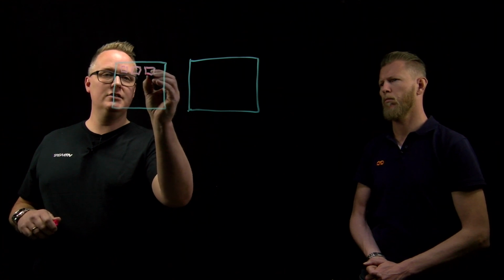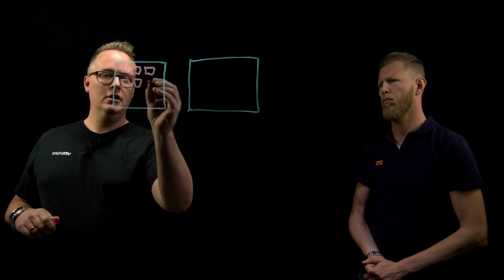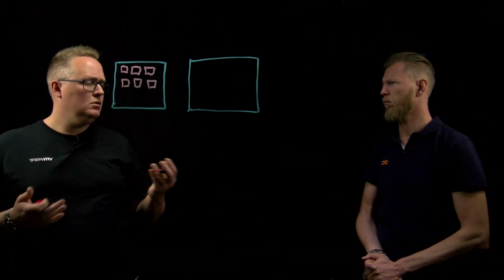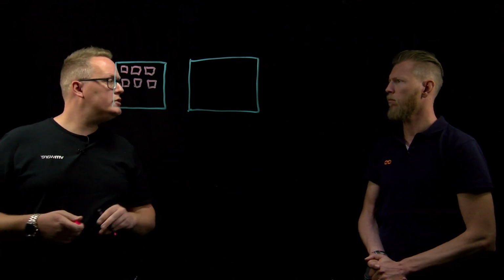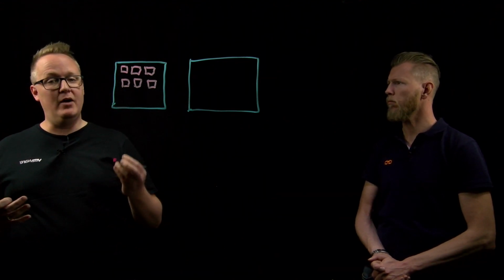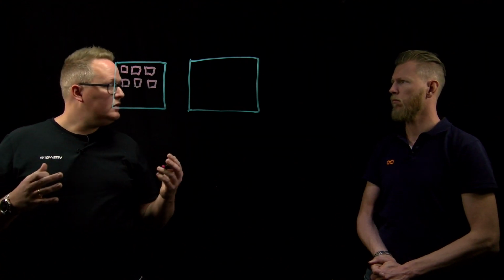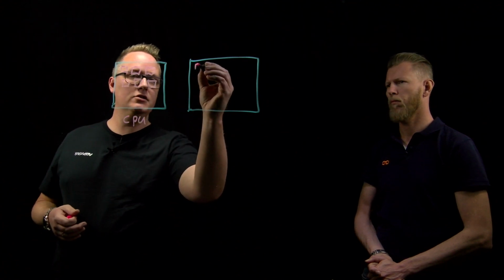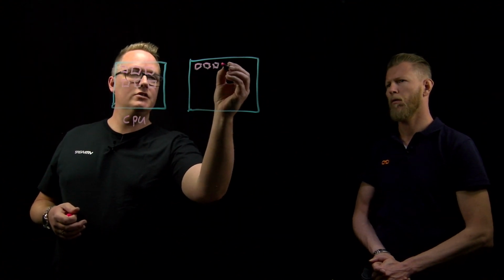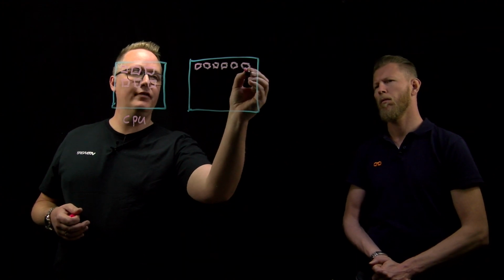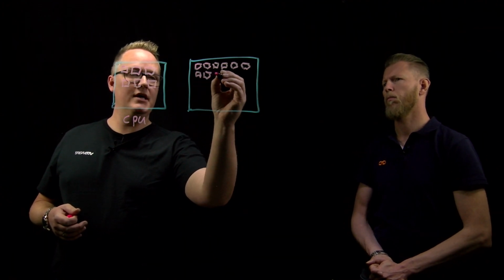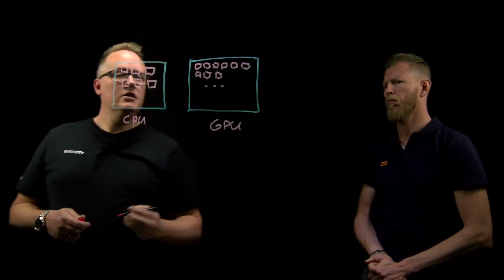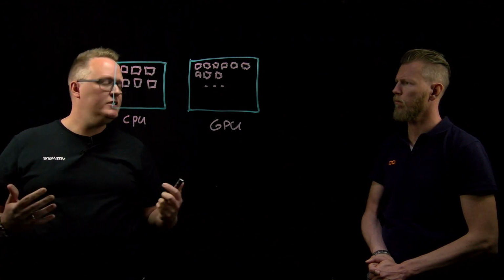The biggest difference is that when you have a CPU package, you have, depending on make and model, obviously, up to 28 or 32 cores within one package. Most of the time we see a dual socket layout in a common host. But if you look at a GPU, you will notice that it consists of a lot of cores. That's the basic difference between a CPU and a GPU.